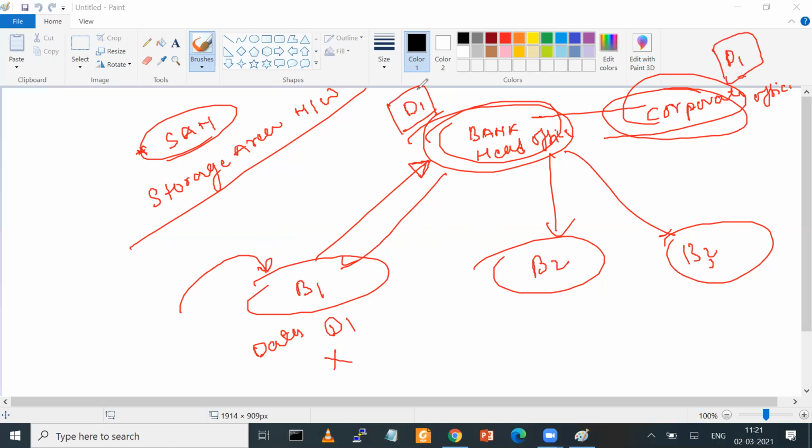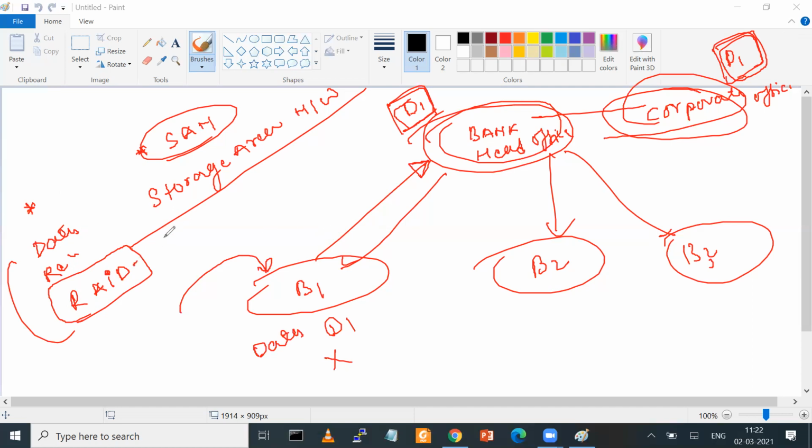Means I can recover my data from the head office as well as the branch office. Such a storage network basically provides data redundancy. If I lost my data from any particular place, I can recover from other locations. That's basically the advantage.